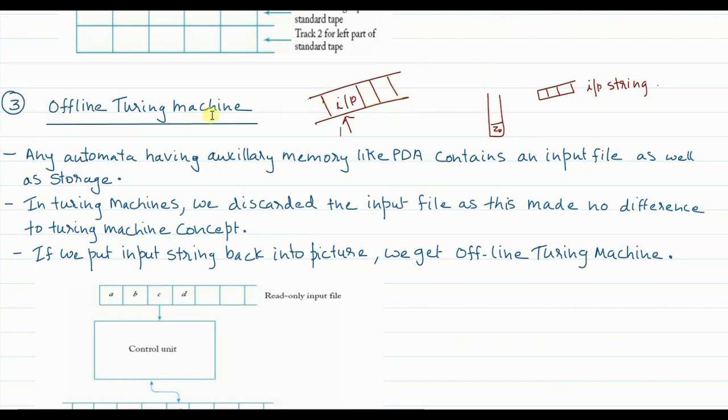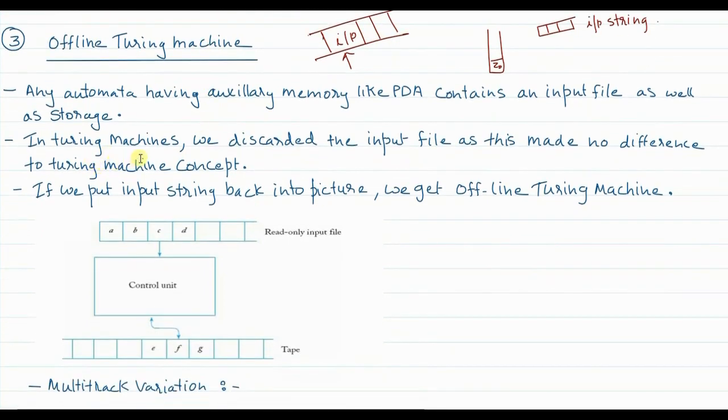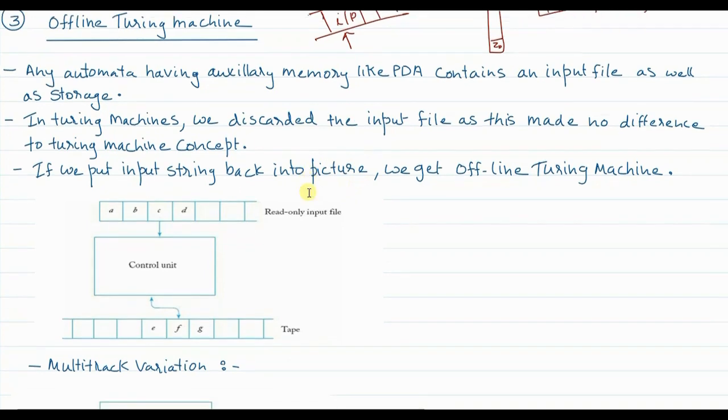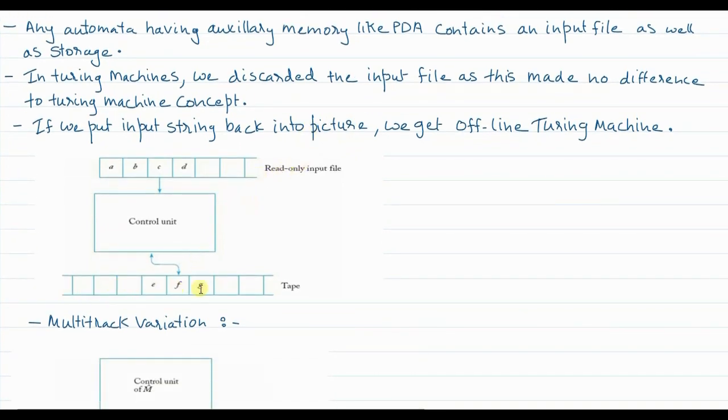Now the offline Turing machine is a variant wherein we put the input string back into the picture. So imagine that this is the tape of the Turing machine, and this is the read write head.